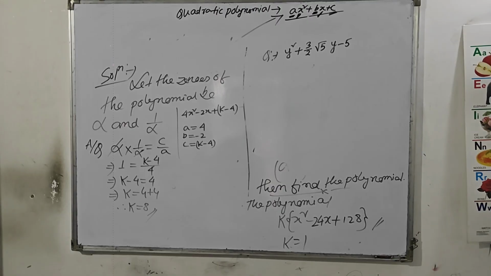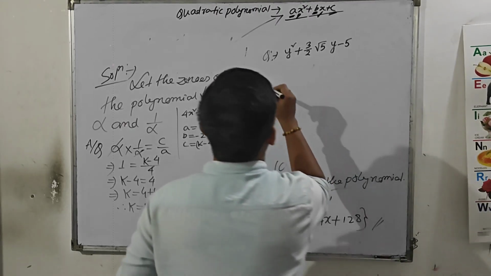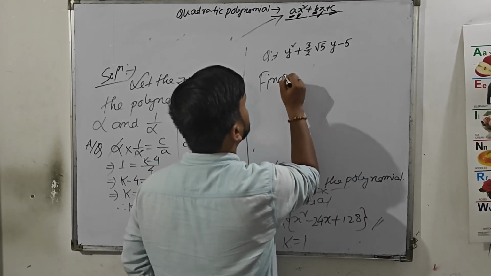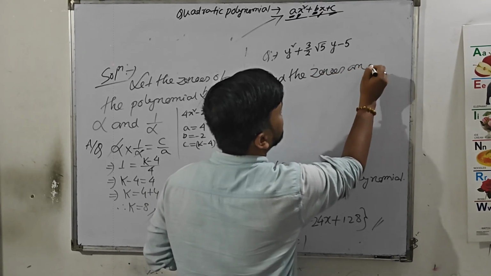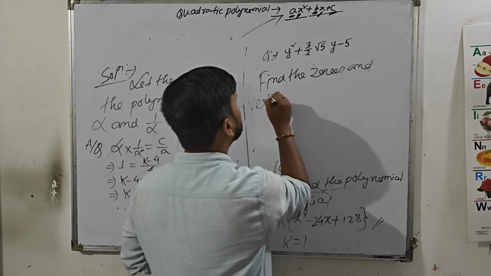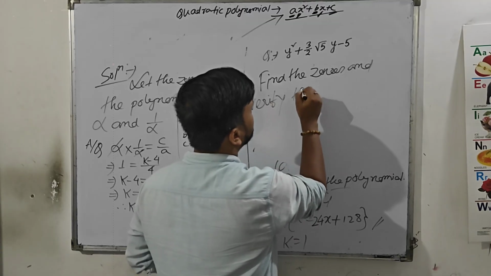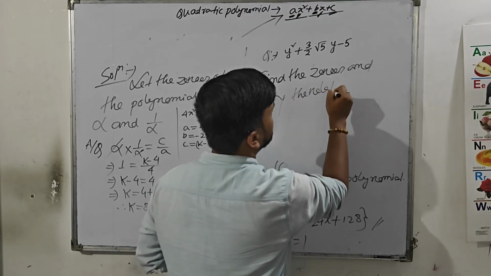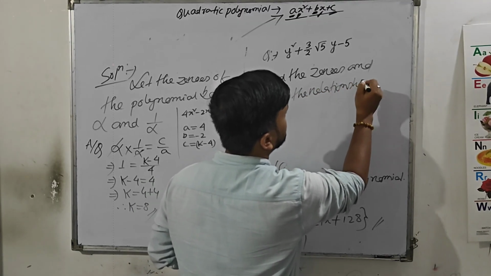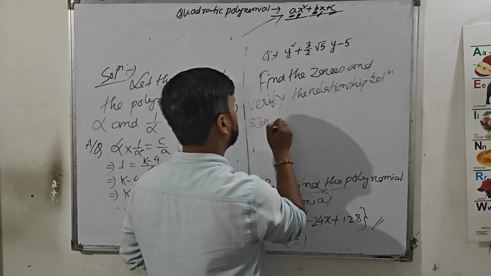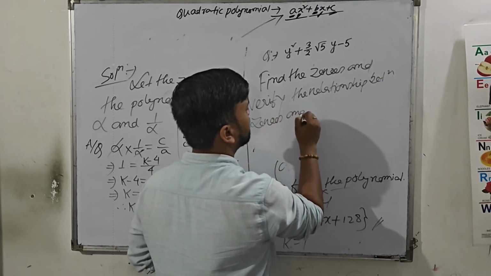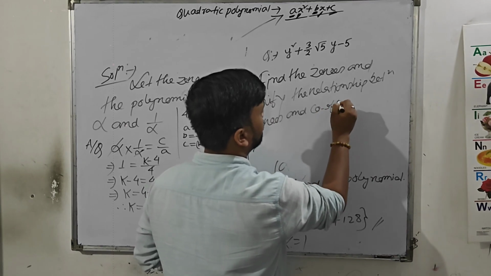So the question is: find the zeros and identify the relationship between zeros and coefficients.